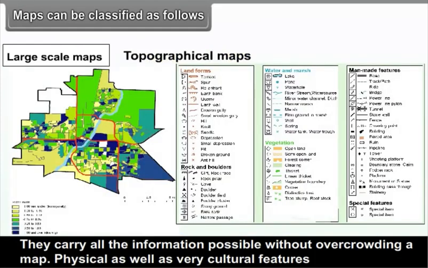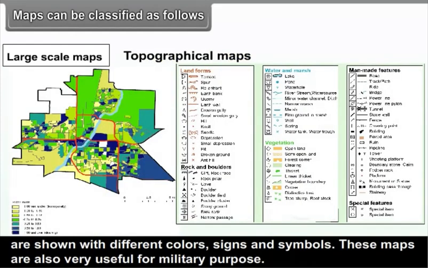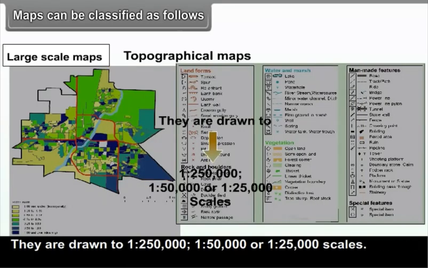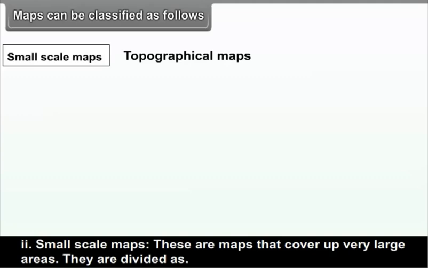Physical as well as cultural features are shown with different colors, signs and symbols. These maps are also very useful for military purposes. They are drawn to 1:250,000 or 1:50,000 or 1:25,000 scales.